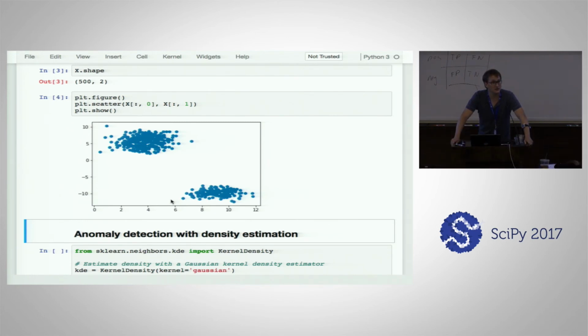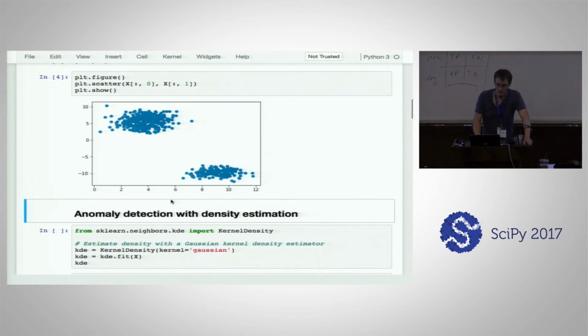So you can try to estimate the density of your data set, and once you've estimated the density, score every sample by the probability of observing it. If the sample has a very low probability, then it's rare, and this probability can be mapped to a quantified number of anomaly.